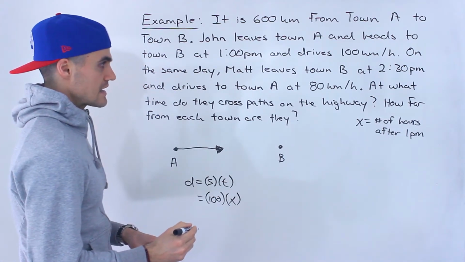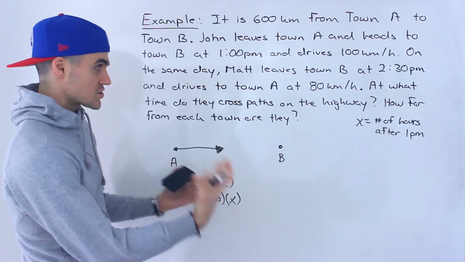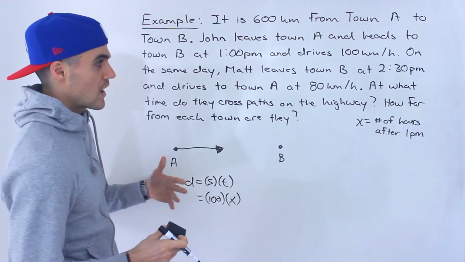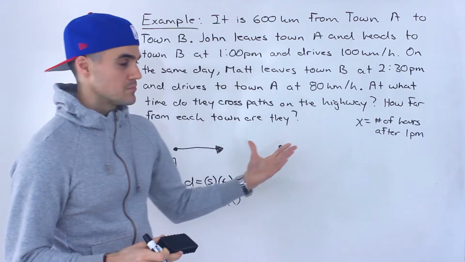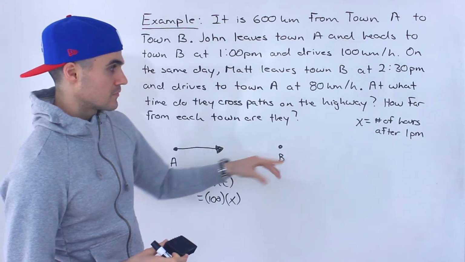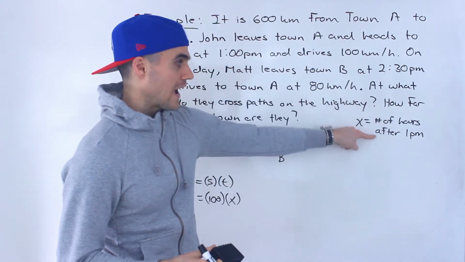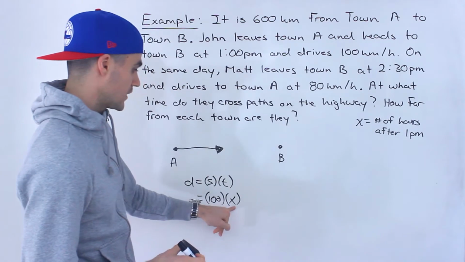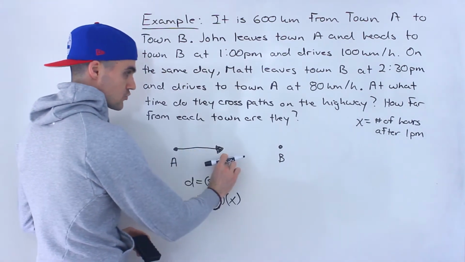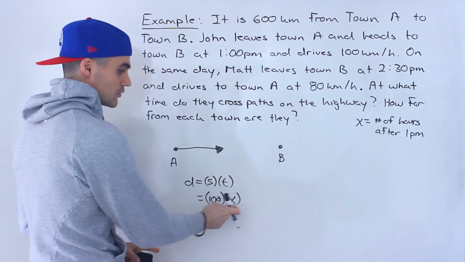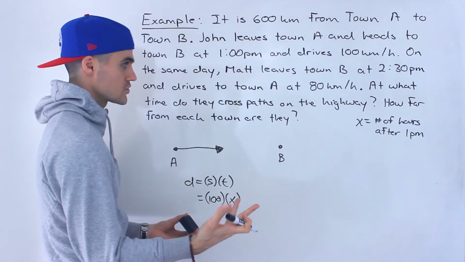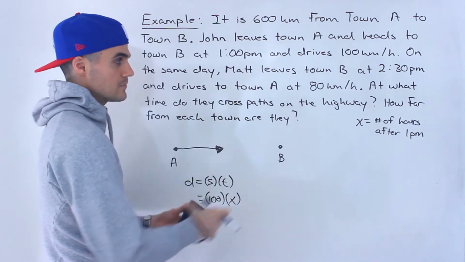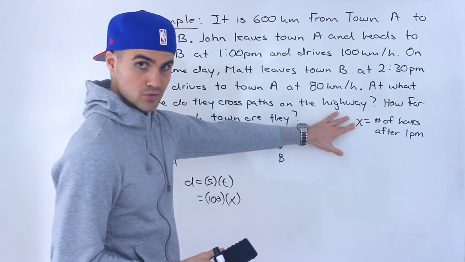Let's say John's been driving for an hour. What time would it be? It would be 2 p.m., which is 1 hour after 1 p.m. So we plug in 1 here, and the distance he drove after 1 hour is 100 times 1, which is 100 kilometers. Or let's say it's 3 p.m., then the x value would be 2.